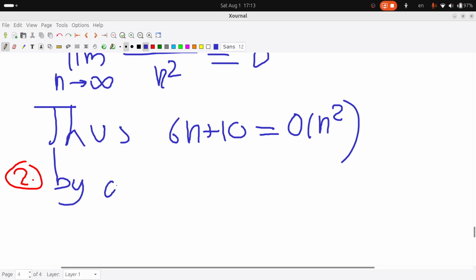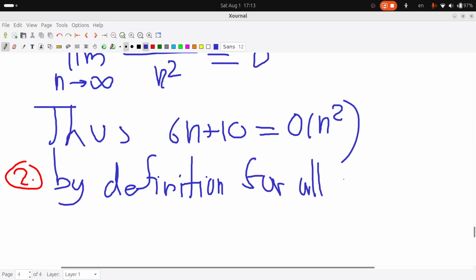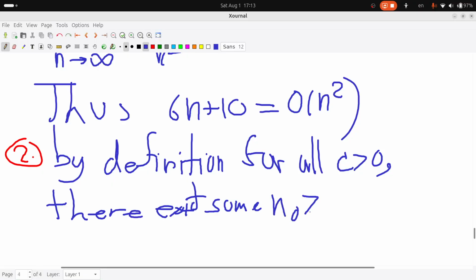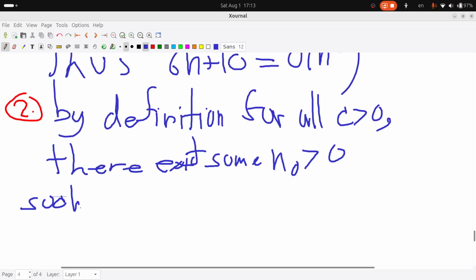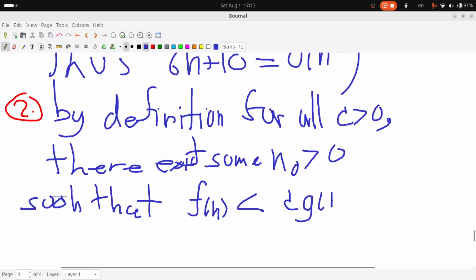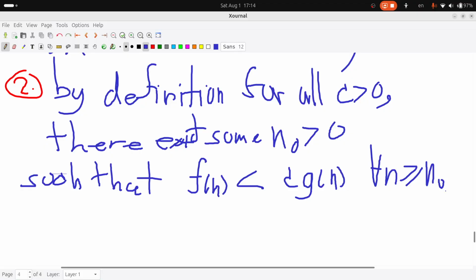By definition, for all constants c greater than 0, there exists some starting point n0 greater than 0 such that Fn is less than c times Gn for all n greater than the starting point. This is the definition of little o notation.